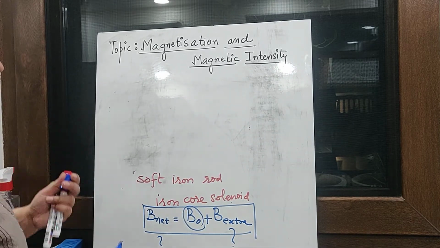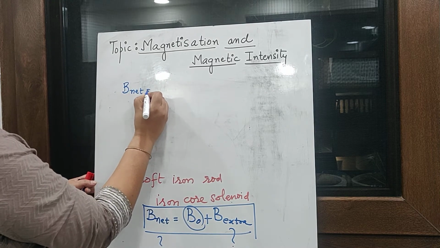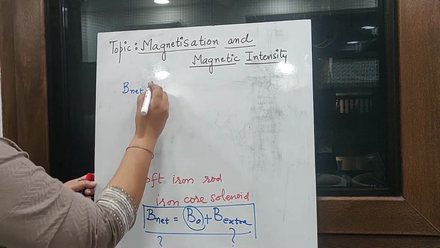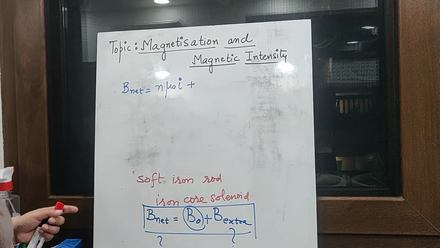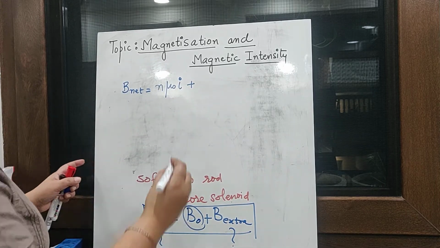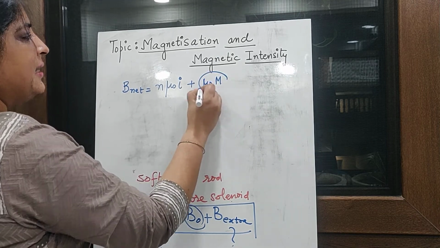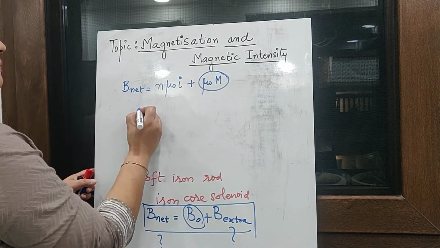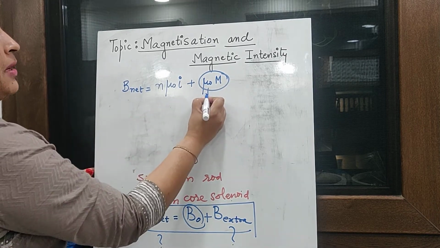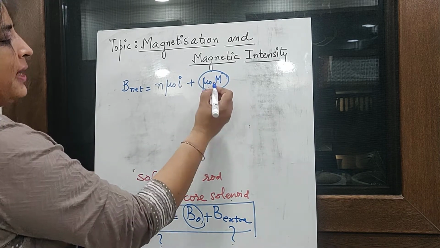Now, we can write it as B net is equal to, substituting for B naught, n mu naught I plus. Now this B extra is equal to mu naught into M, and this is the term that we have to understand. Now mu naught is the permeability of free space or air, vacuum you can say.